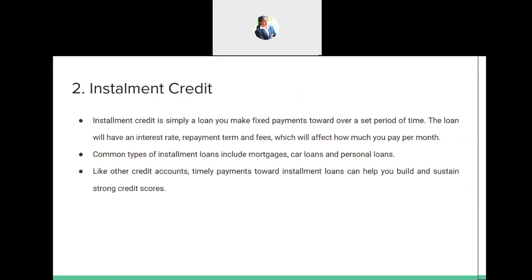Moving forward, the next one is installment credit. Now, this installment credit is a form of finance to pay for goods or services over a period through the payment of principal and interest in regular terms.